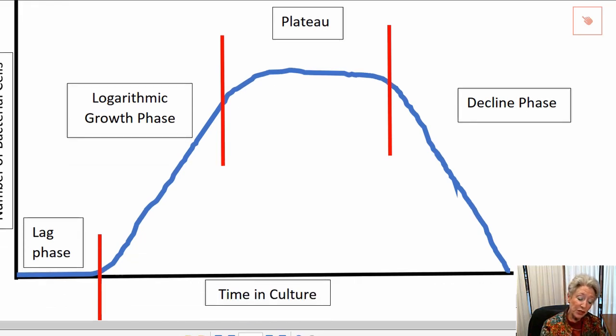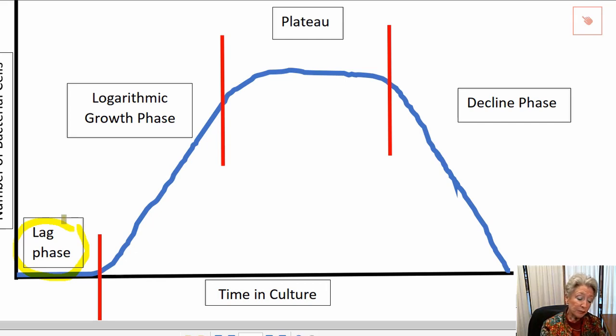So notice initially during the lag phase, there is no associated multiplication of the cells because of the fact that they are turning on the enzymes that they need in order to utilize the medium that they find themselves in.